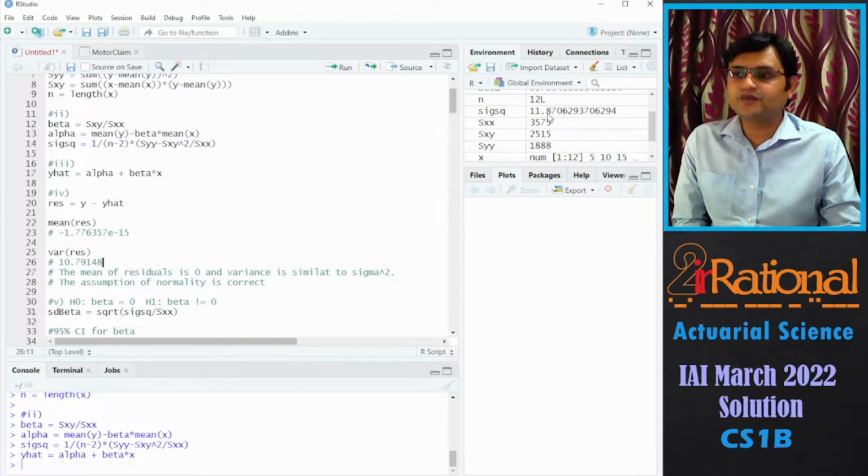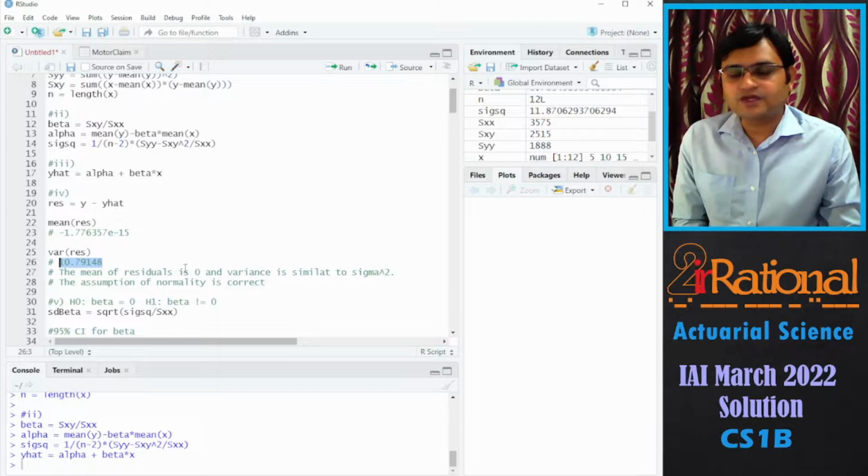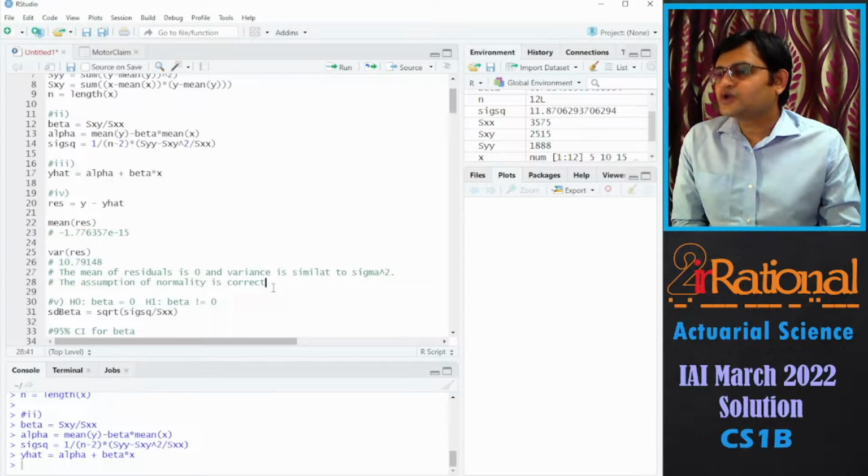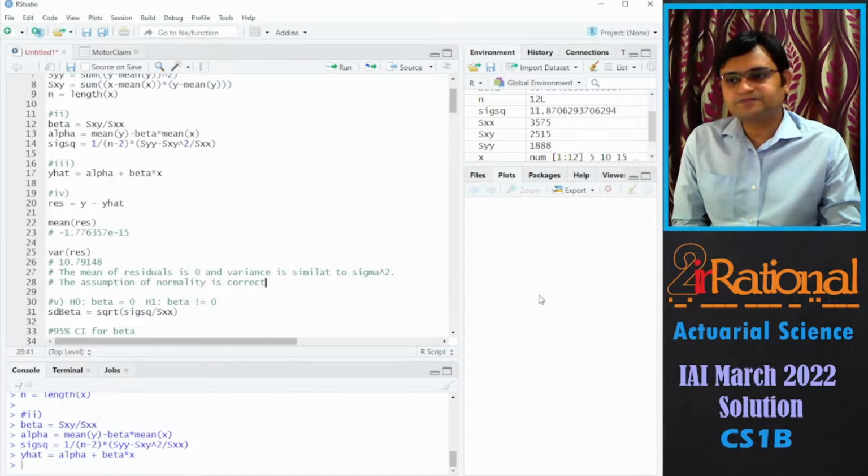It will be different because here the sigma square value is calculated by 1 by n minus 2 and here it will be calculated by 1 by n minus 1. So there will be a difference. Okay. So we'll comment the mean of the residuals is 0 and the variance is similar to sigma square. So our assumption of normality is correct.